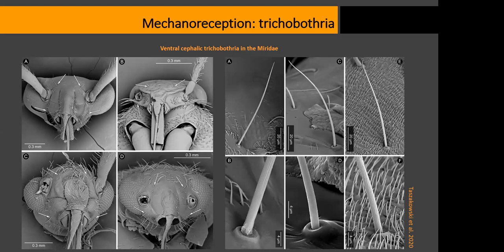Each trichobothrium of this pair is located laterally to the first article of the rostrum on the gula, between the buccula and the antennal tubercle. Moreover, dorsal cephalic trichobothria were observed for the first time. They are located above the antennal tubercle towards the center of the frons.